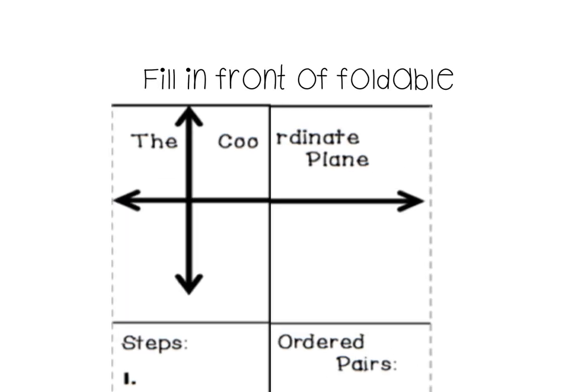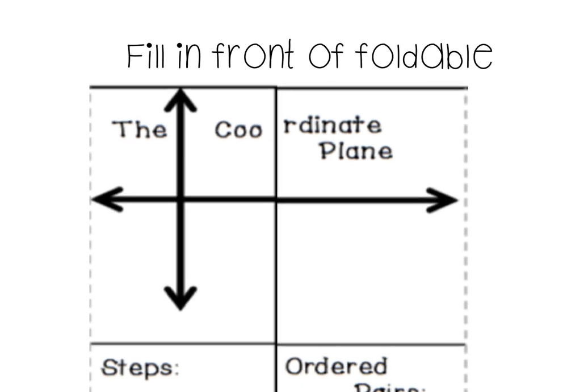Let's, on the front of your foldable, label some of those things and fill this in. At the top, where you've got the coordinate plane, go ahead and label your x and y axes. Axes is just plural for axis. So we're going to label x. We're going to label y.